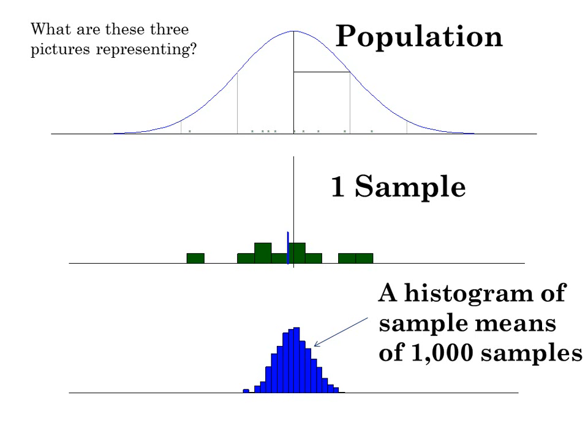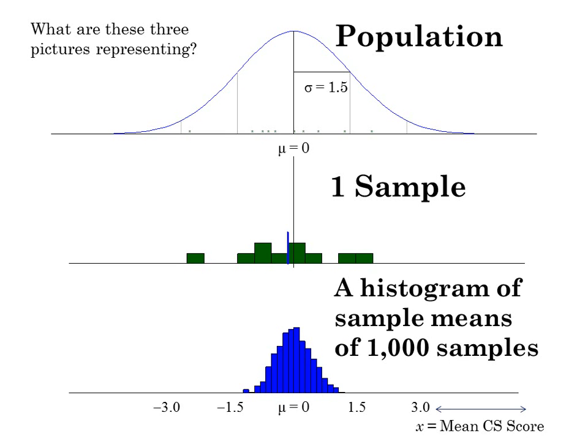So why? Who cares? Let's just take a look at this for a second. So if our population we're drawing from has an average of 0, what does the average of this histogram look like? The population average, right?